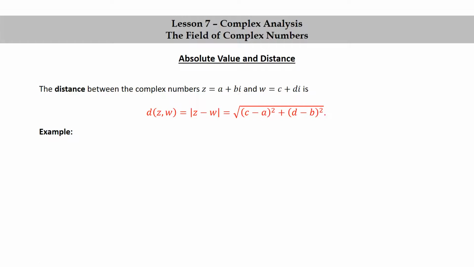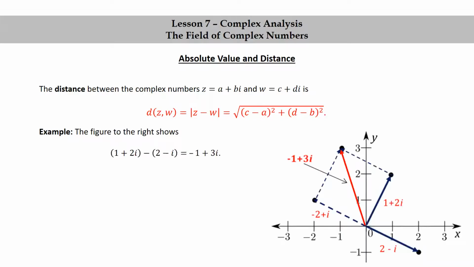Let's look at an example. This figure shows geometrically the computation (1 plus 2i) minus (2 minus i) equals -1 plus 3i. Right? So you can see the vectors 1 plus 2i and 2 minus i in solid blue, and then we negated 2 minus i and drew -2 plus i in dotted blue.